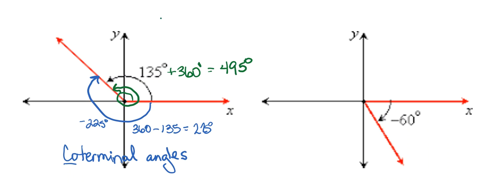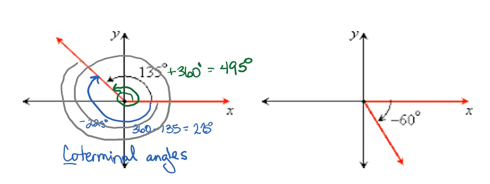We can do the same going in the downward or clockwise direction. We can go negative 225, and now I'm going to minus 360 because I'm moving in the clockwise direction. Negative 225 minus 360 is negative 585.